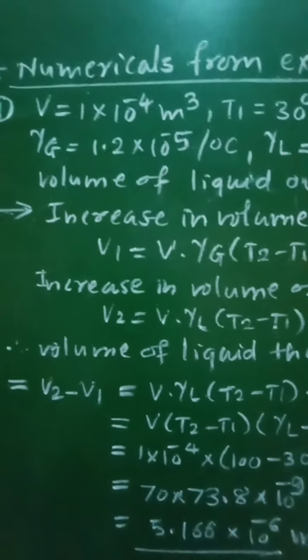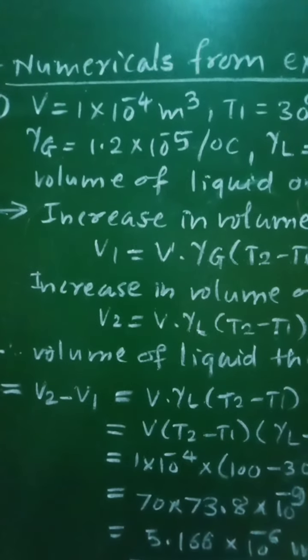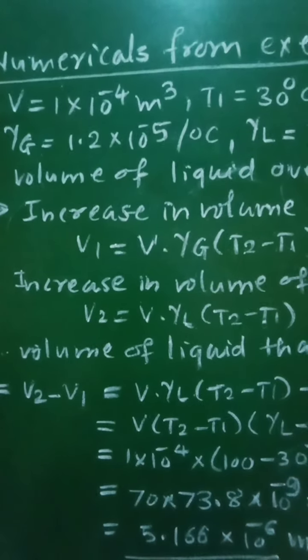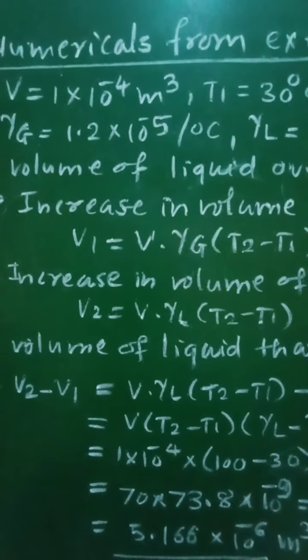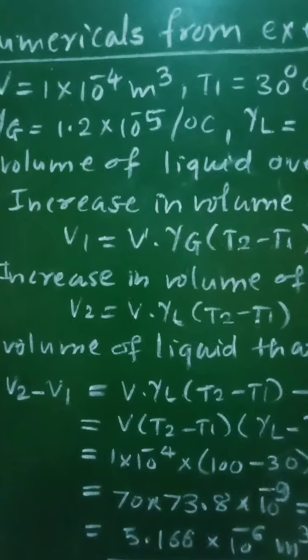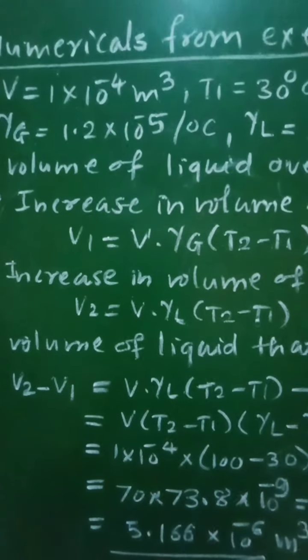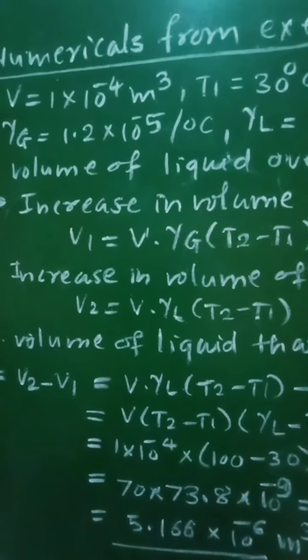For that purpose we will have to find the increase in volume of the glass flask, similarly the increase in volume of the liquid, and then if you take the difference between the increase in volume of the liquid and the increase in volume of the glass flask, we will get the volume of the liquid that will overflow.